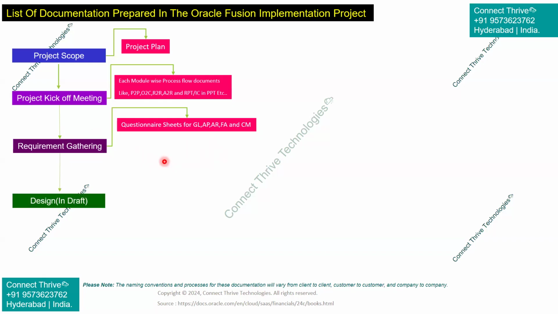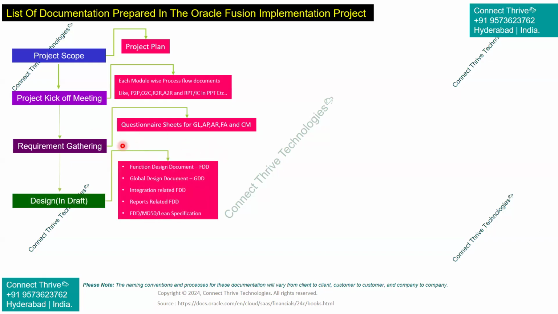we have the design stage. In the design stage, based on the existing business process and the understanding we have, we have to map it to our Fusion system. For that we can prepare the FDDs, like a functional design document, global design document, and if we have any integrations, like our Fusion payment system to bank server host-to-host integration, that is an outbound integration.